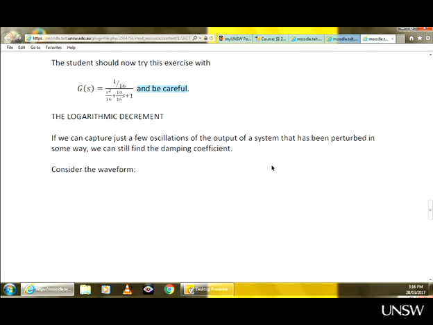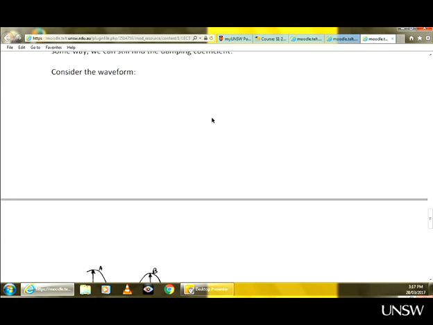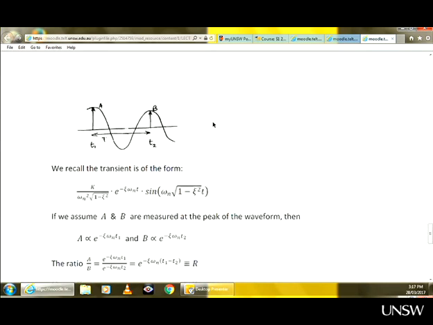Okay, and one more feature of step responses of underdamped systems is the so-called logarithmic decrement. Sometimes you are recording the response of an underdamped system, but you don't capture the whole response from time equal to 0 to time equals to something very high.